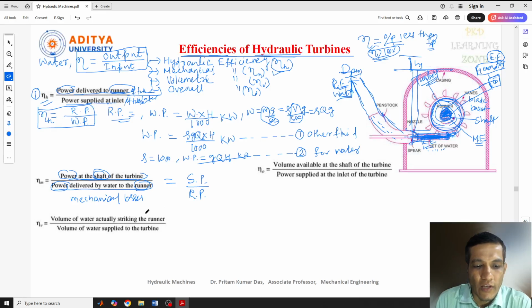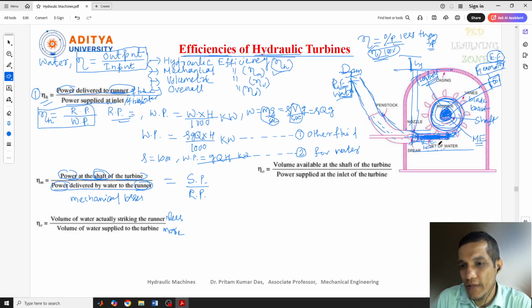So the volume of water which is striking the runner of a turbine, obviously this will be less, and this will be more. If you talk in a simple manner, this is less and this is more. So the volume of water supplied to the turbine, because a few volume of water is discharged to the tail race.